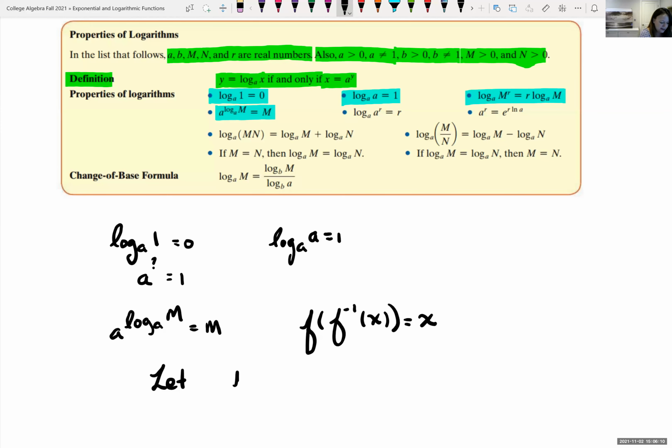How about f of x equals a raised to the x power, and I'm off a little bit because I called it m, not x. And then let f inverse of x be log base a of x.